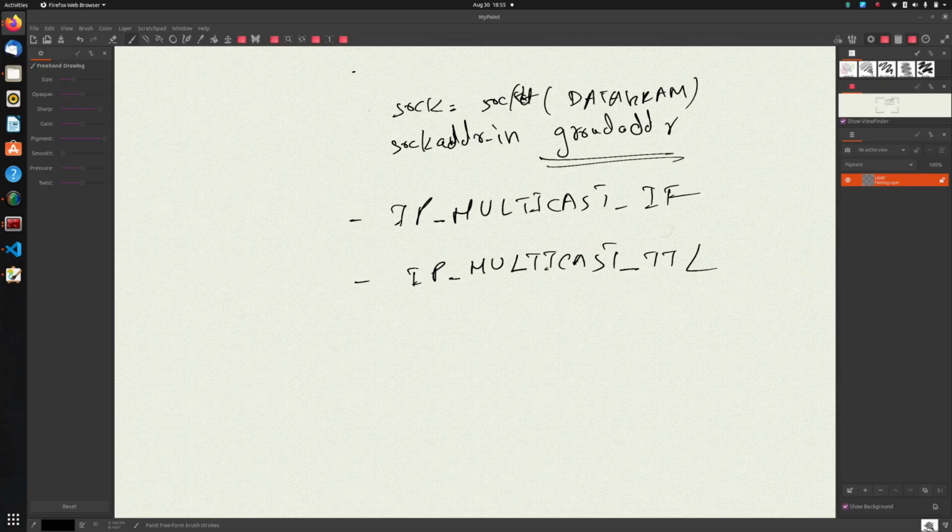So if the remaining TTL of a multicast datagram is, let's say, 10, and the multicast threshold of a particular router is 5, then when that datagram with TTL 10 reaches the router with threshold 5, it will simply drop that datagram, right? So this is multicast threshold based filtering. That purpose is also served by this IP multicast TTL.